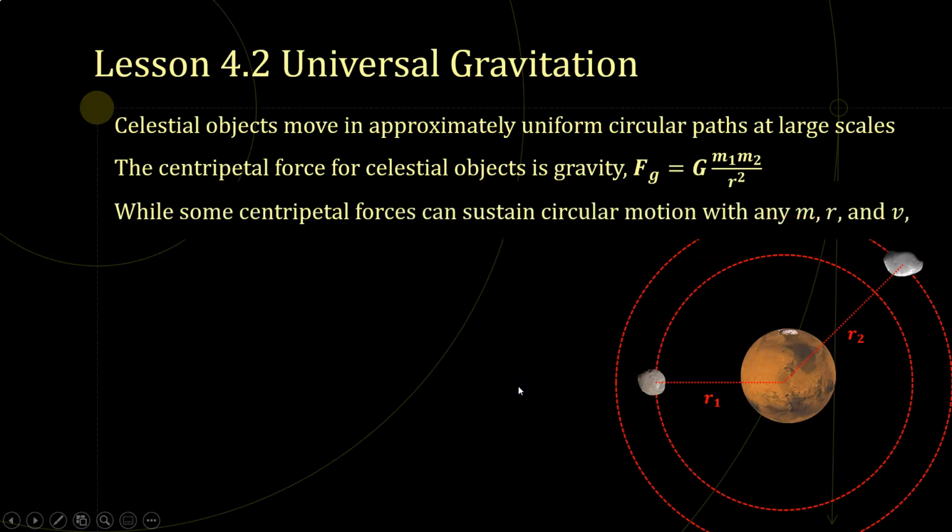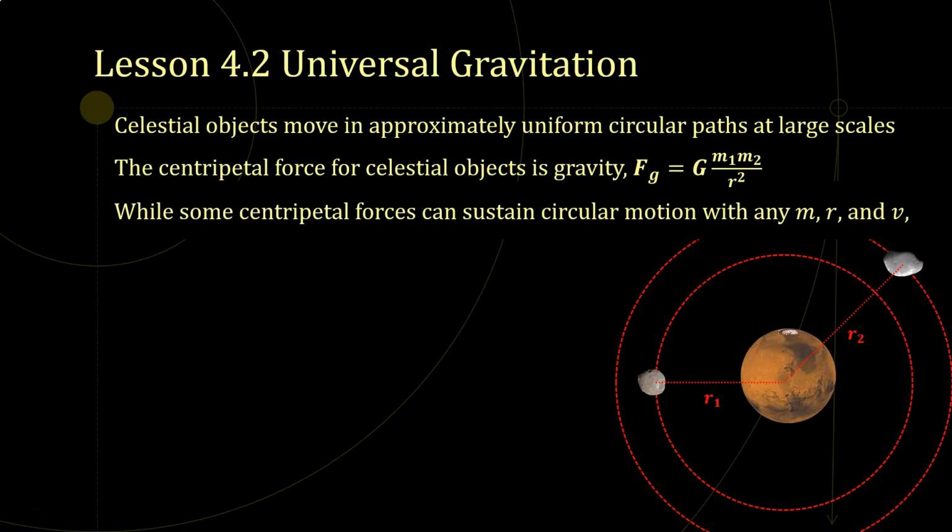There are some centripetal forces that can be applied that can make circular motion happen with any mass of an object moving in a circle, any radial distance from the center of the circle to where the object is, and any tangential velocity.